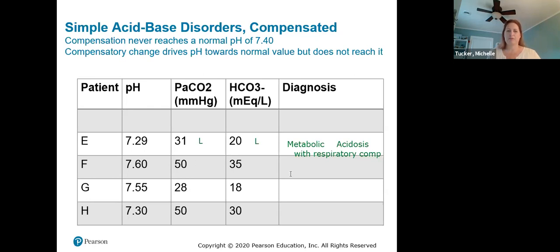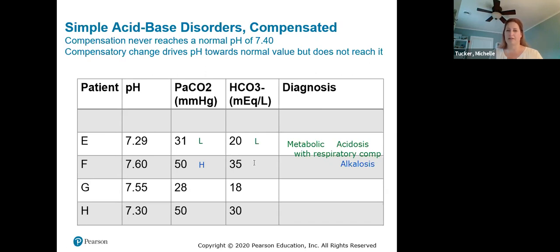Okay. So then let's go to the next one where we have 7.6. So this is alkalosis. So always start there. And then you look at, is CO2 high or low or normal? And then with bicarbonate, is it high, low, or normal?